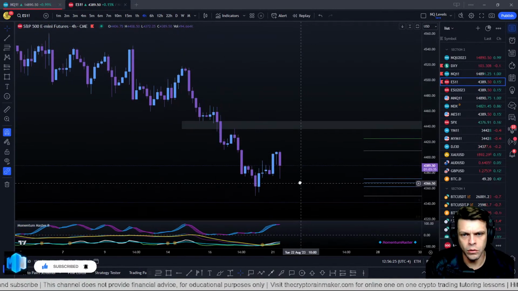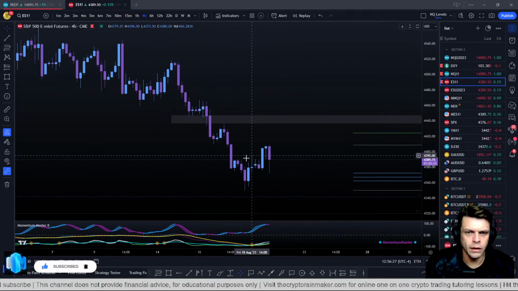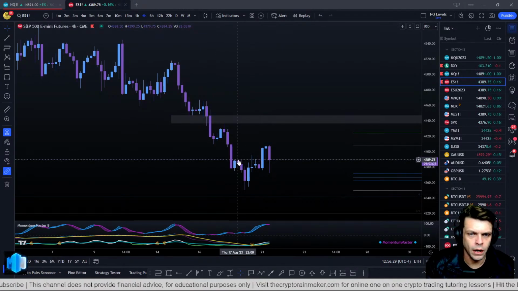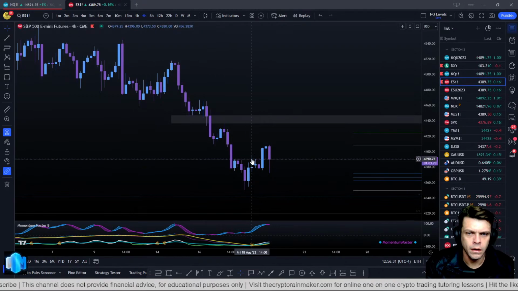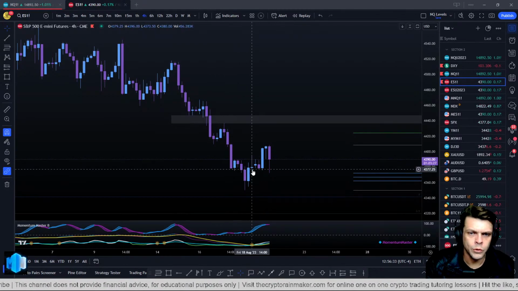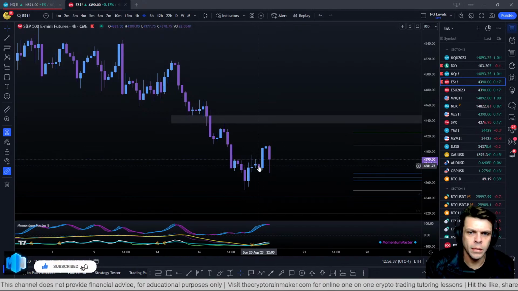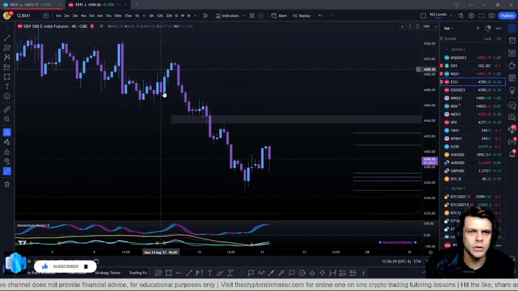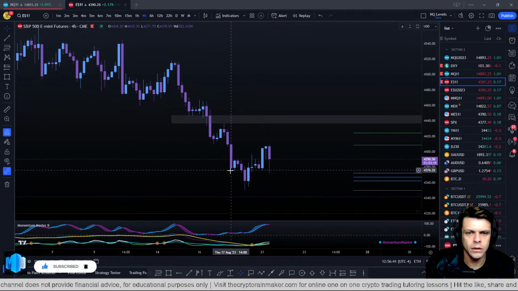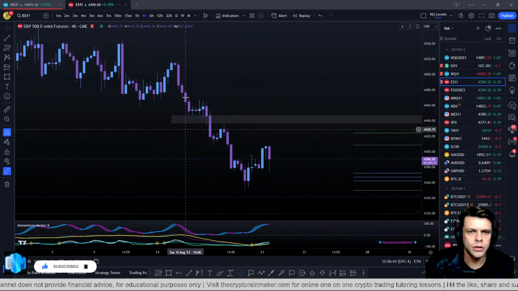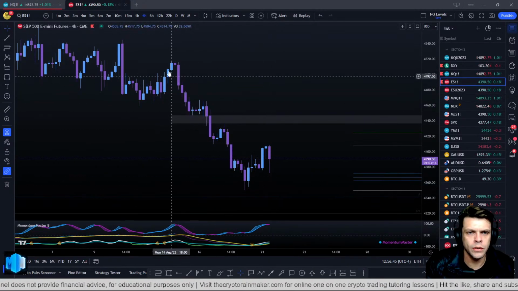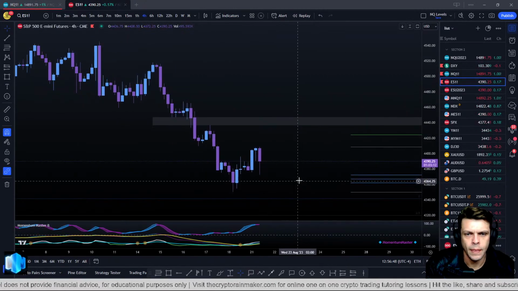And then also the very last lower high that we had was right there, and then we traded above it, but not very convincingly. We didn't displace above it, but with this one we had a bit of displacement. So on the 4-hour, you could say this is a shift of market structure from bearish to bullish.